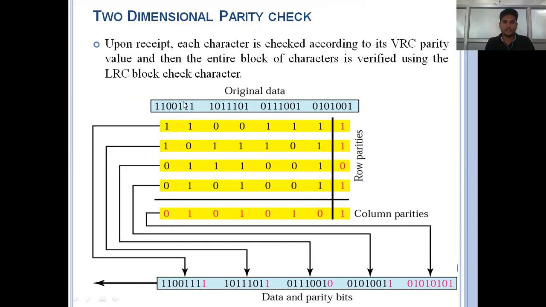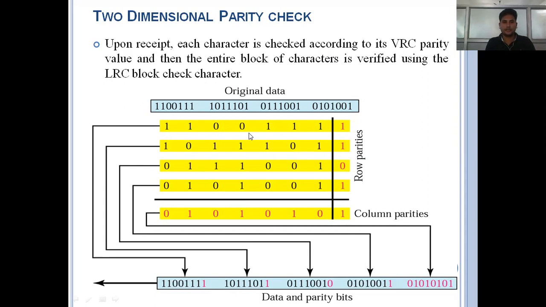Each number is verified, and then the total is verified.